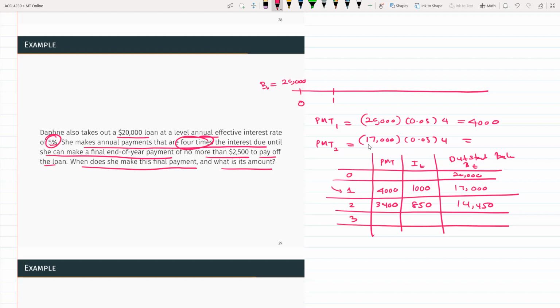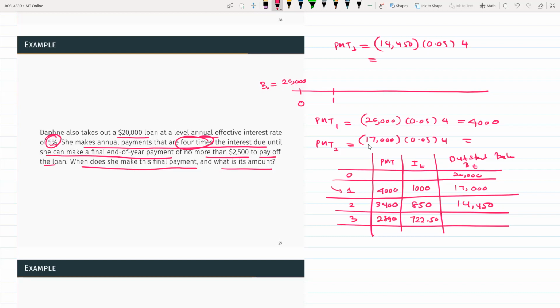So third payment, let me write here. That would be 14,450 times 0.05 times 4. So interest is 14,450 times 0.05, which is 722.5. And then the payment would be 4 times that, which is 2,890.